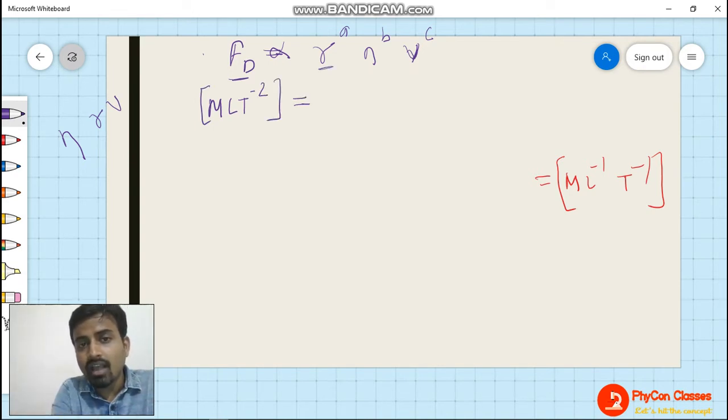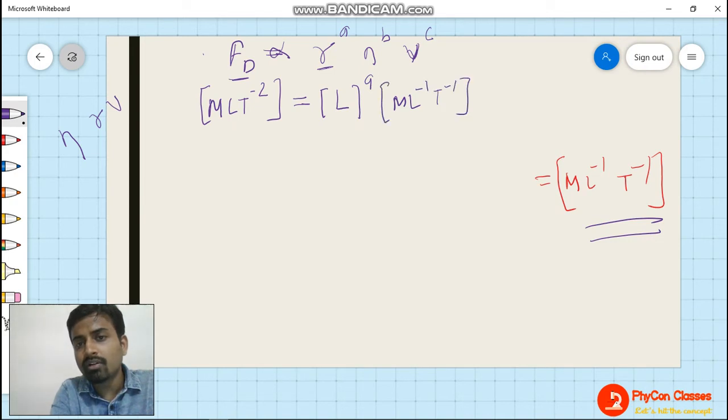R is the radius, so the dimension will be L to the power A. The eta dimension we have calculated as ML minus 1 T minus 1, to the power B, and velocity is LT minus 1 to the power C.